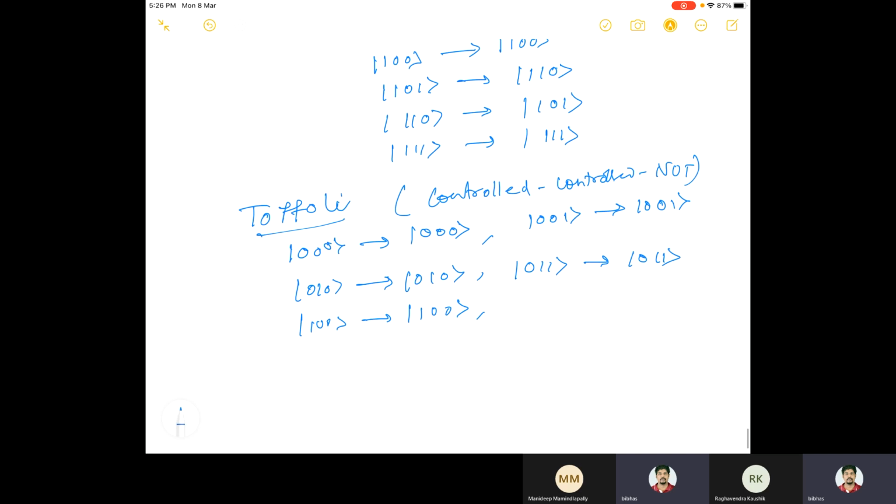So if the first and the second qubits are 1, then only something will change here. And then 1 0 1 will go to 1 0 1, and for the change, 1 1 0 will give you 1 1 1, and 1 1 1 will give you 1 1 0. Okay.